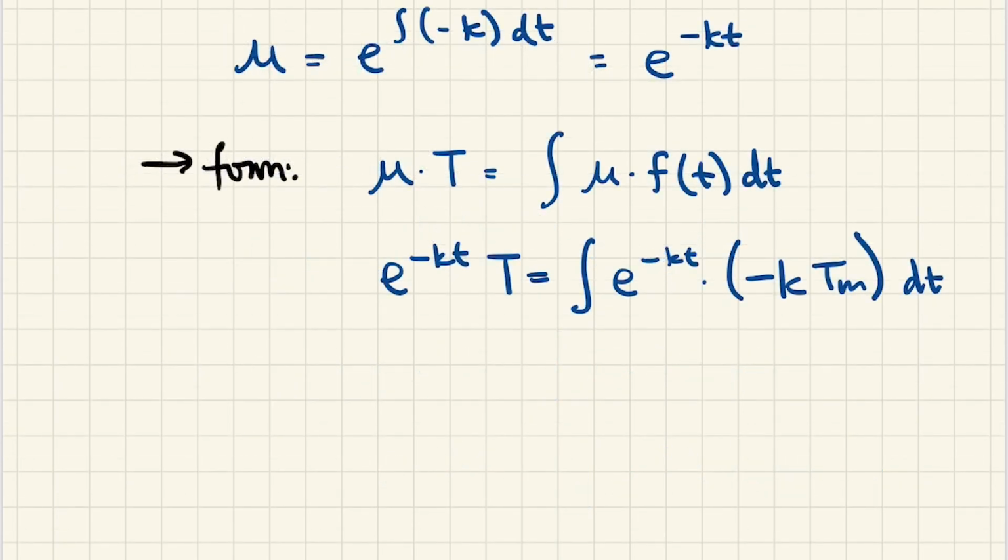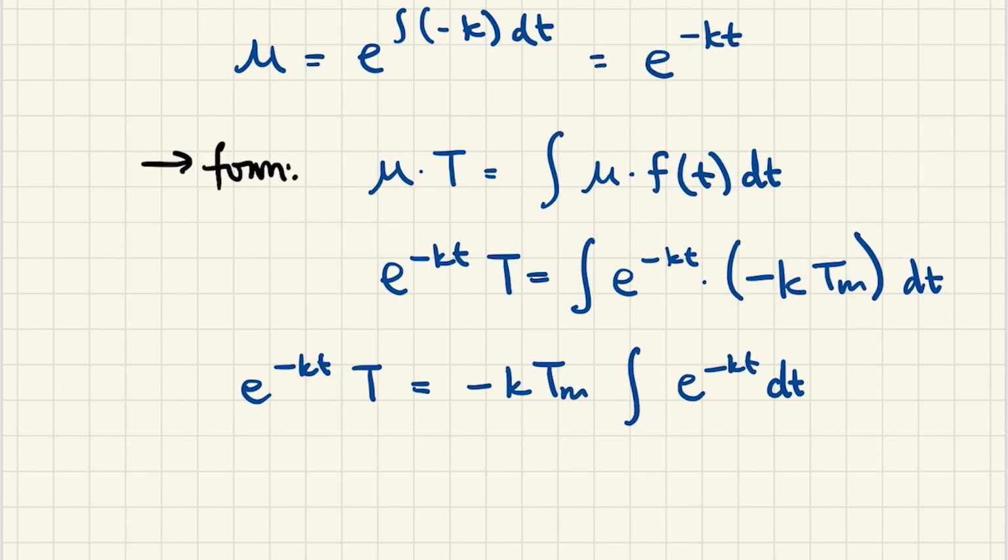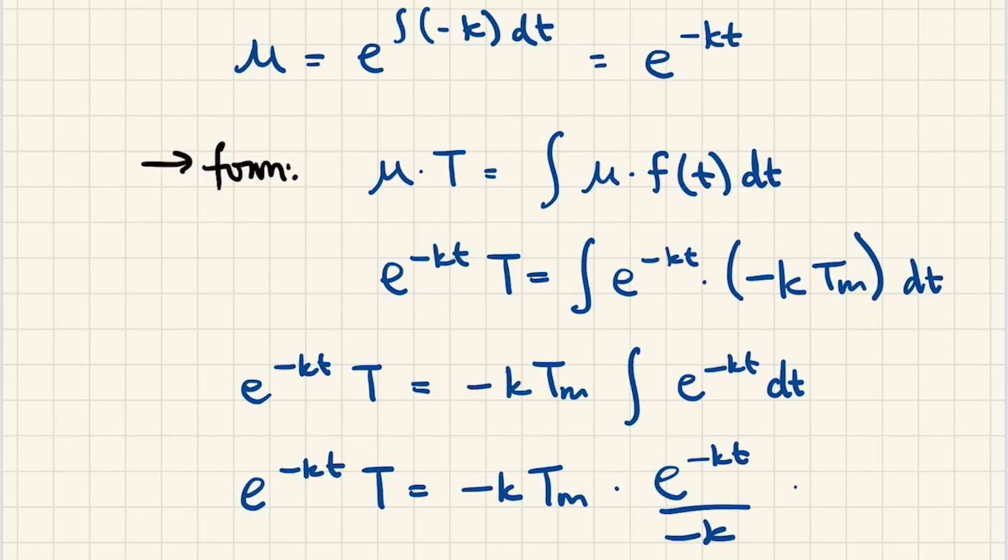So we have e to the negative kt times capital T is equal to, we can factor this constant out, and so we're just integrating e to the negative kt dt. And the antiderivative of e to the stuff is e to the stuff, but we know to divide by negative k because there's a u substitution in here. And we'll throw our constant in, call it C1.